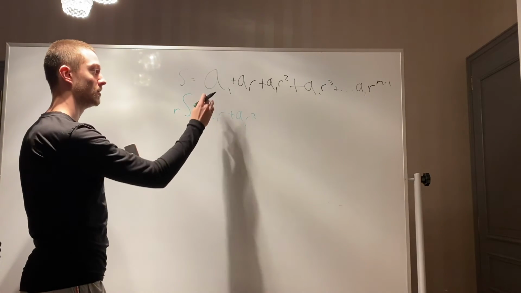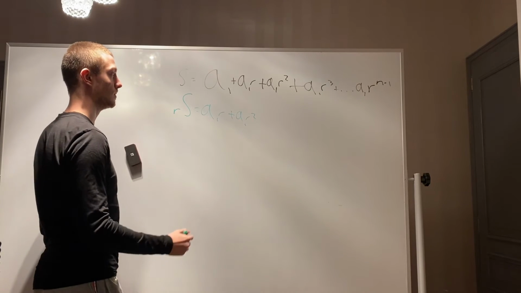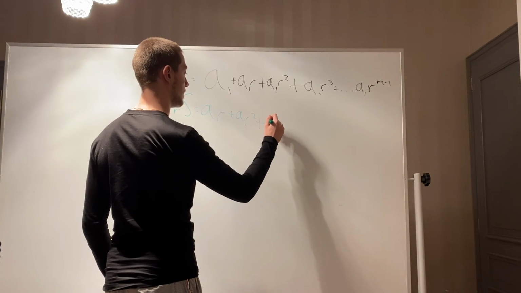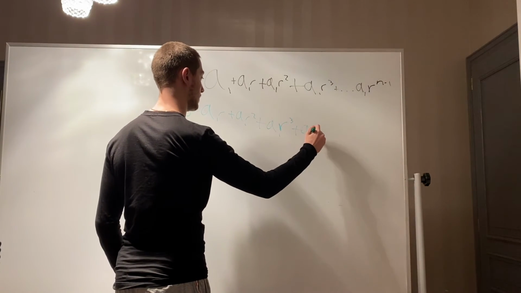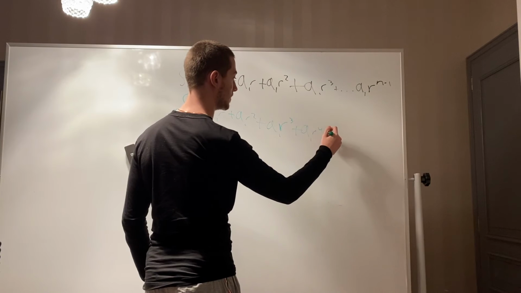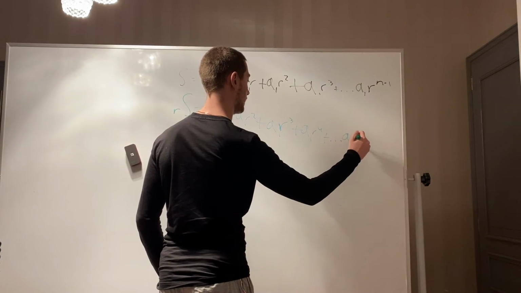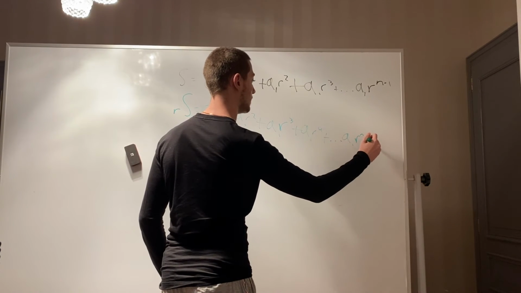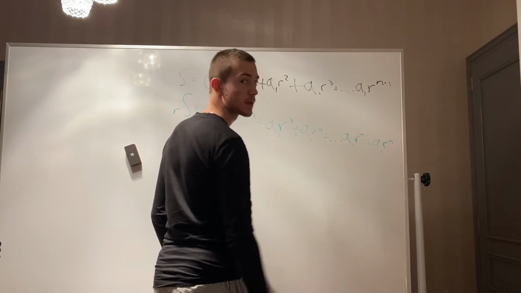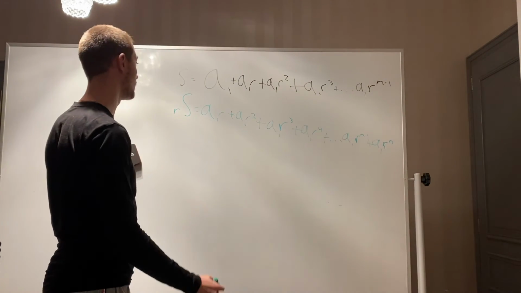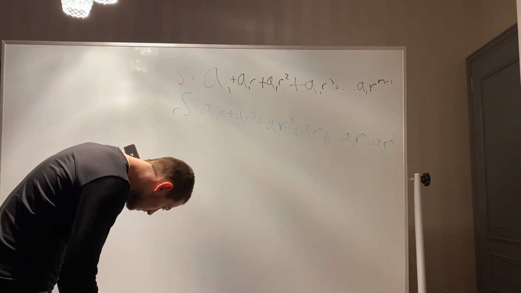And keep in mind, all I'm doing is taking each term and multiplying it by the ratio r, plus a1r cubed plus a1r to the power 4, and that's going to continue until a1r to the power of n minus 1, plus a1r^n.